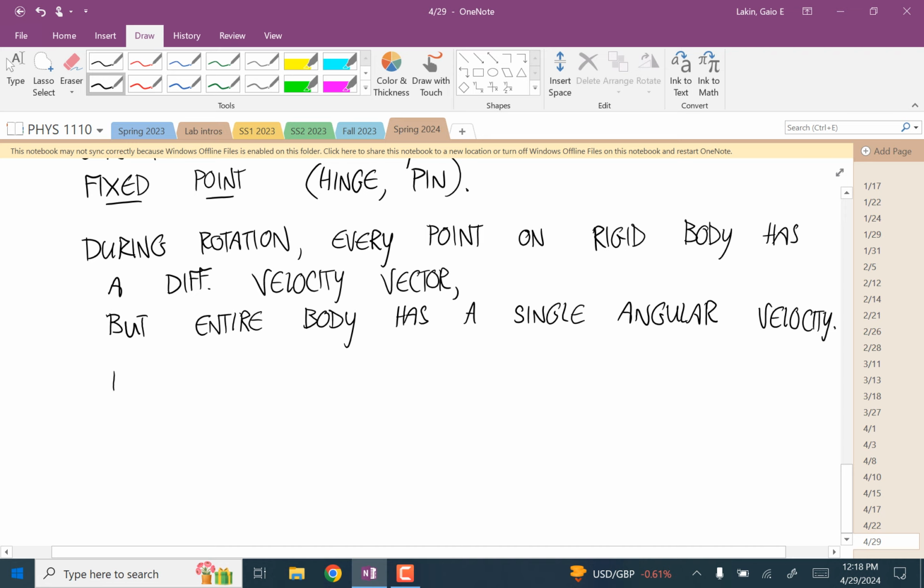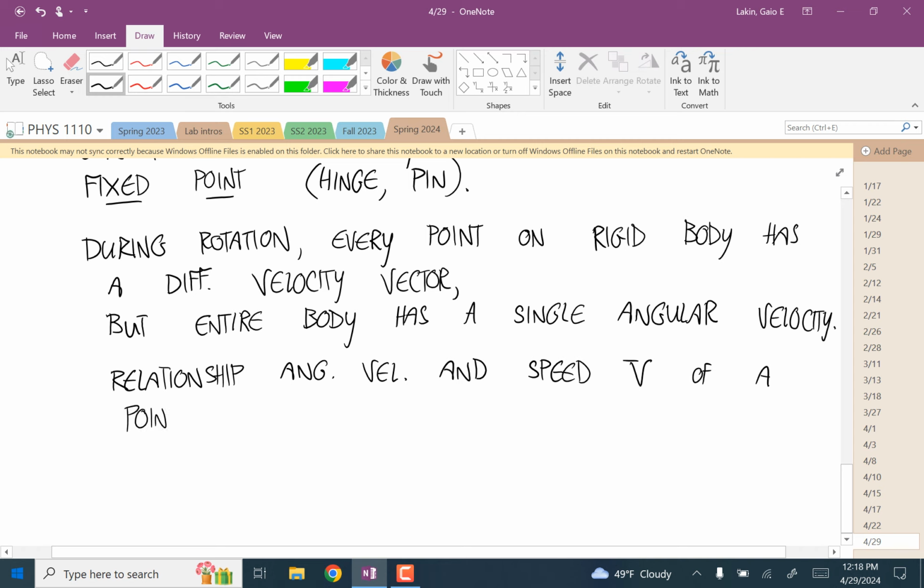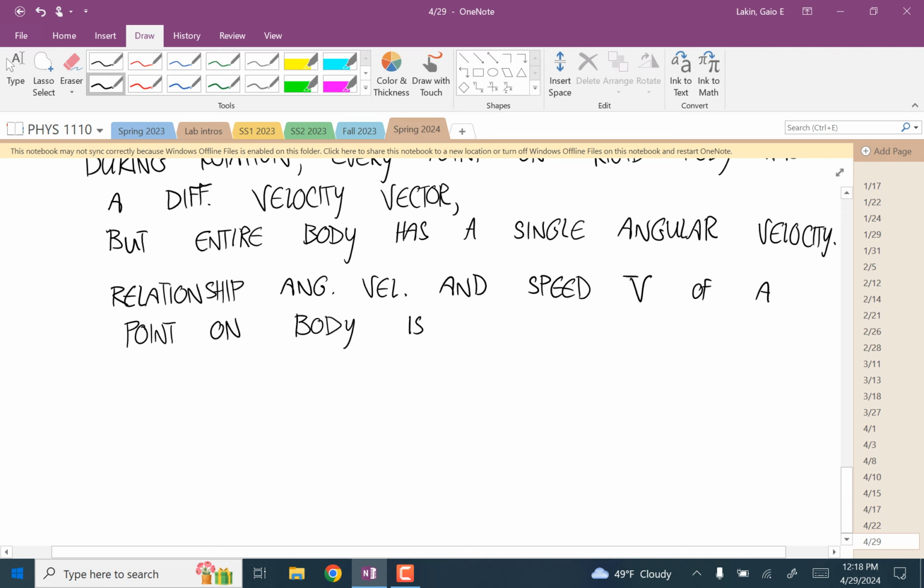The relationship between the angular velocity and the speed v of a point on the body is, the speed is equal to the absolute value of omega.